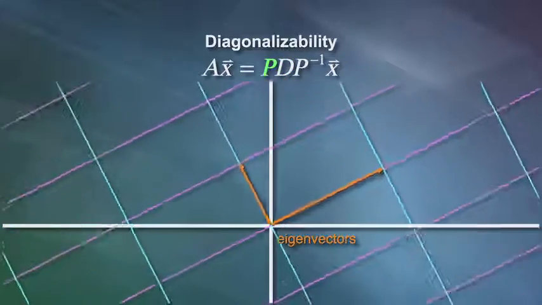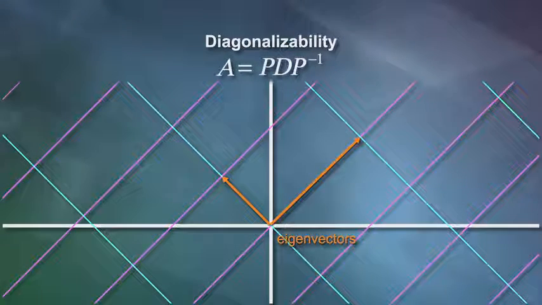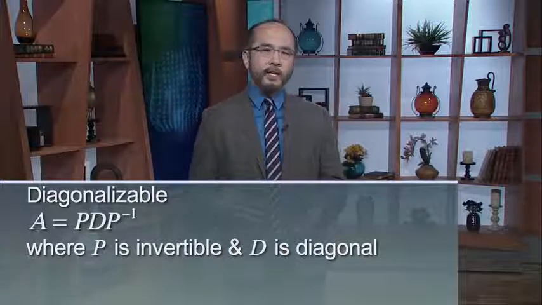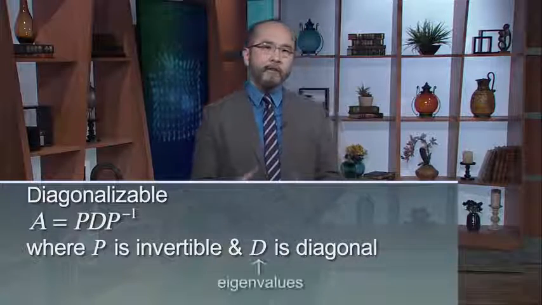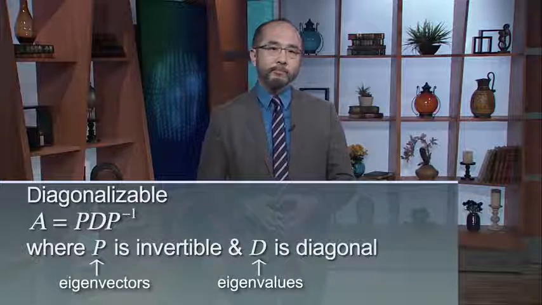And then, multiplying by P turns the standard basis vectors back into the basis given by the columns of P. A moment's reflection should reveal that this sequence of 3 operations will do the same thing as just taking the basis of columns of P and stretching them by factors which correspond to the eigenvalues. So to be diagonalizable means the transformation just looks like scaling in certain special directions. The scaling factors are the eigenvalues and the special directions are the eigenvectors, and these form the columns of P.